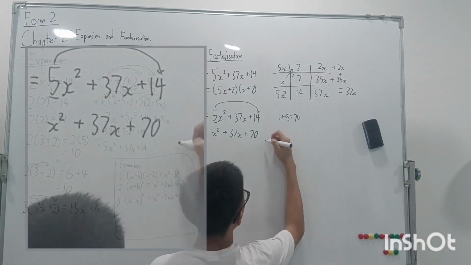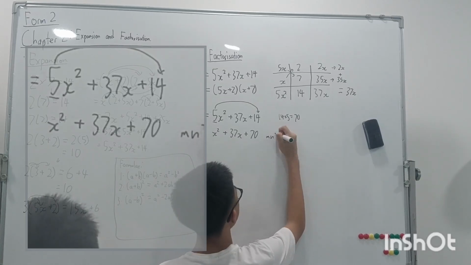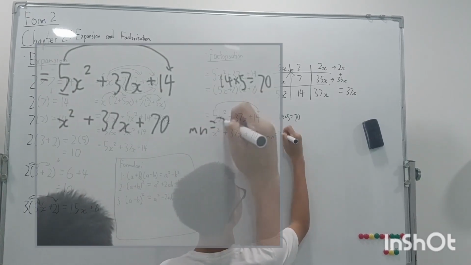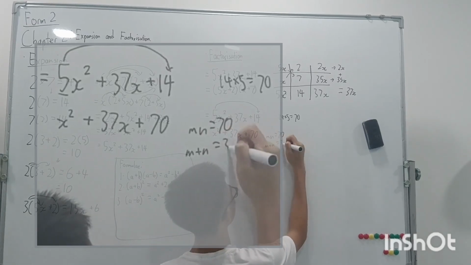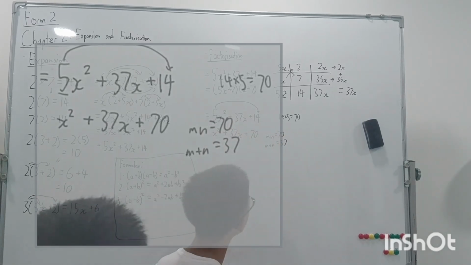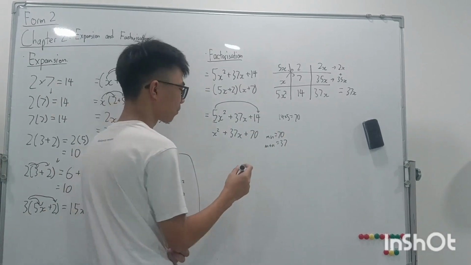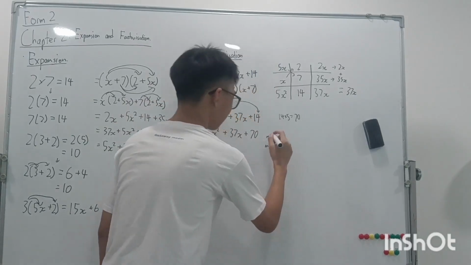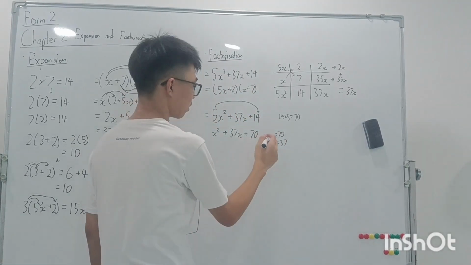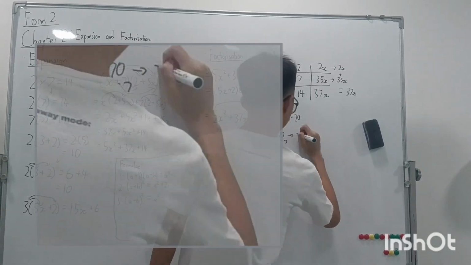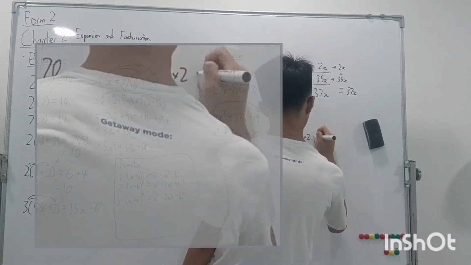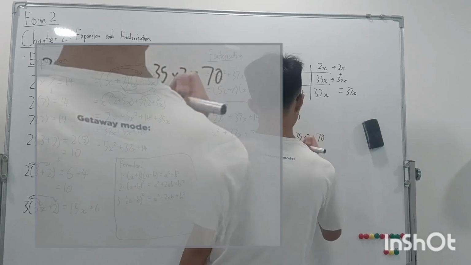Let's try 35 times 2 first, because 35 times 2 will be 70.